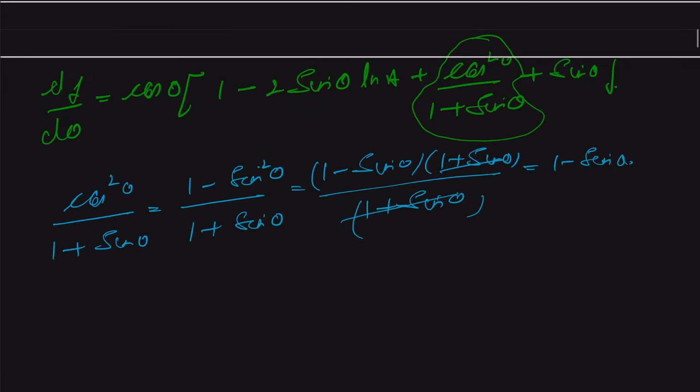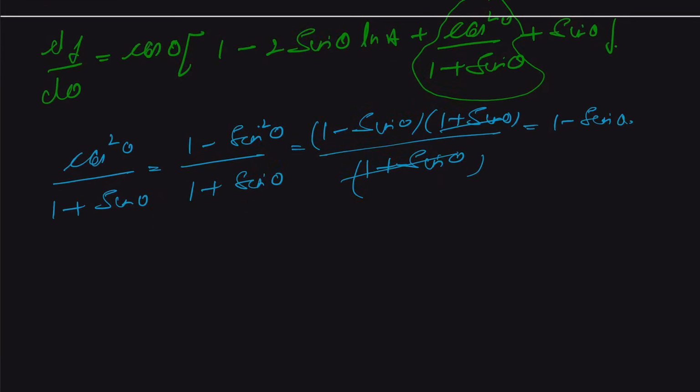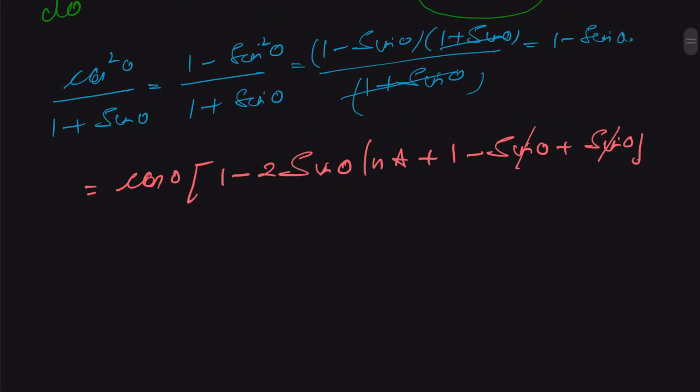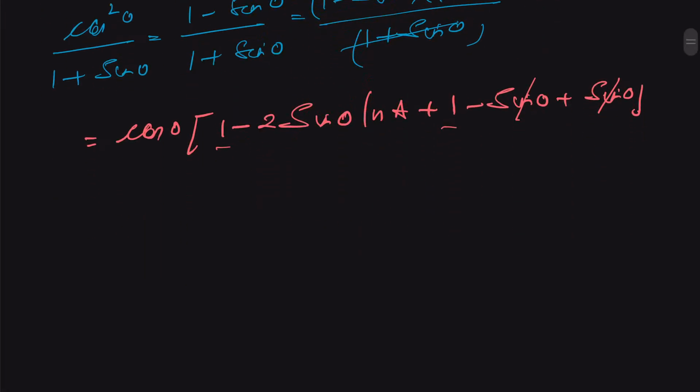And now we can just substitute it inside the bracket, and we get cos of theta times 1 minus 2 sine of theta natural log of a plus 1 minus sine of theta plus sine of theta, and this sine theta cancels out, and this 1 plus 1 becomes 2.